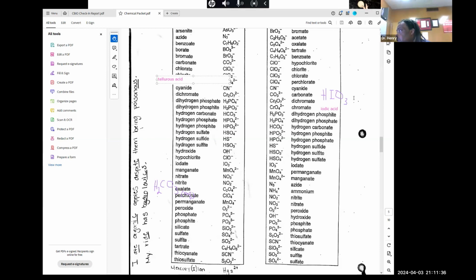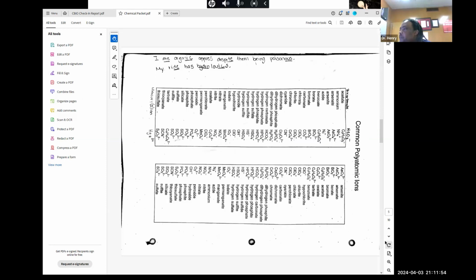Okay. Now, if you look on your polyatomic ion table, do you guys see that? I'm going to see if I can make it big.